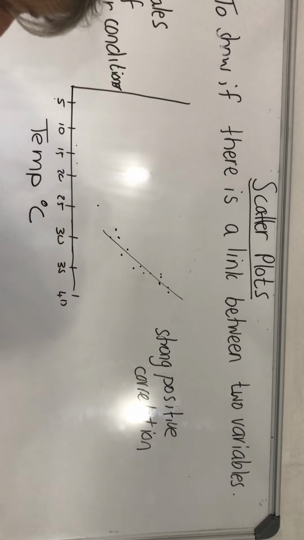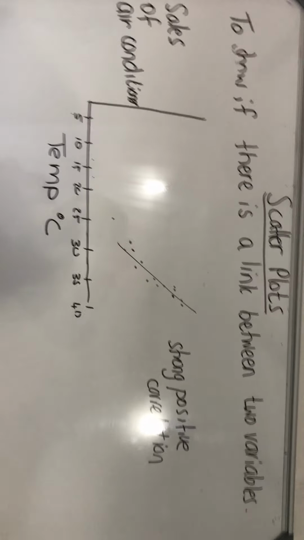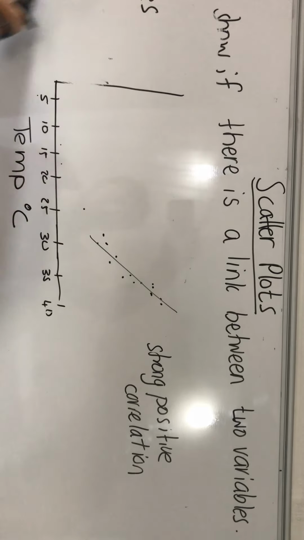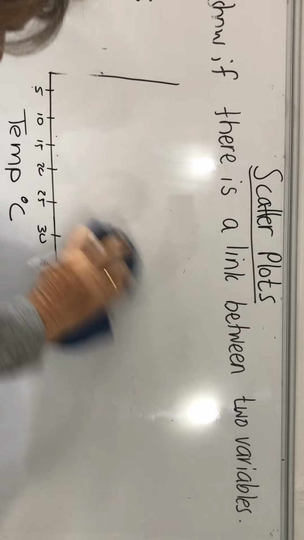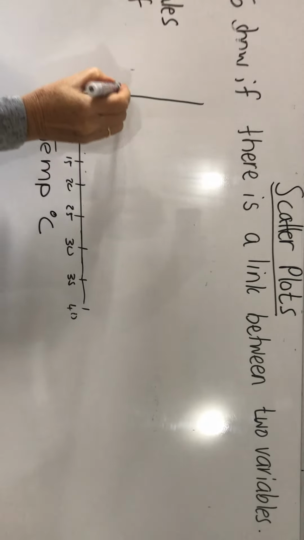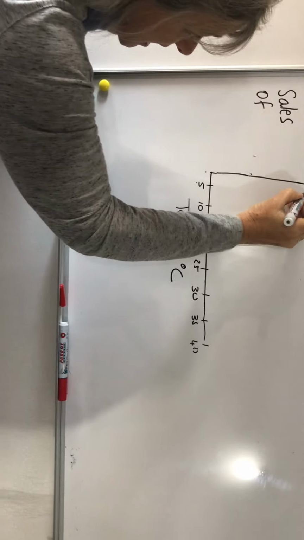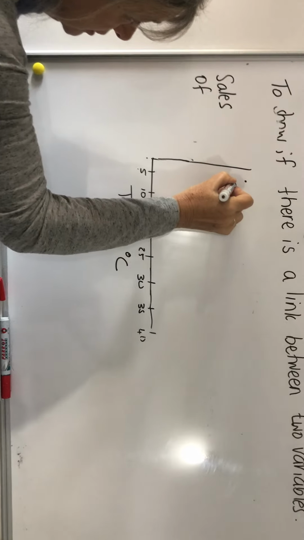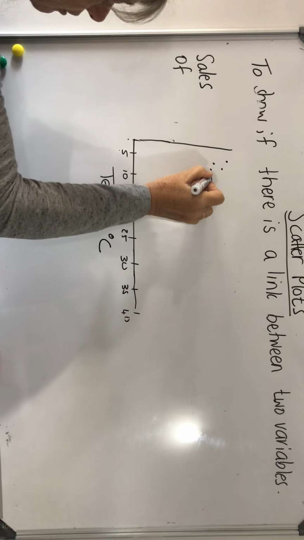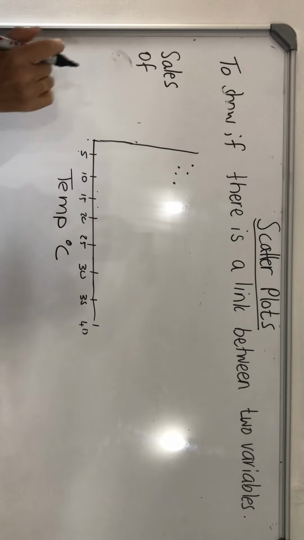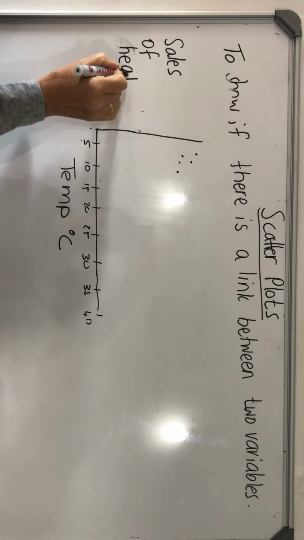Right. Let's have a quick look now at the sales of heaters and temperature. So with temperatures as low as 5 degrees, I would expect there to be pretty good sales of heaters.